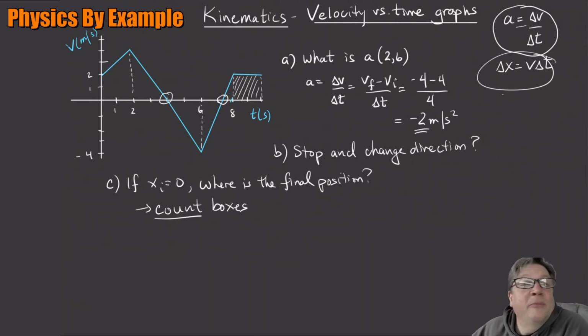What I'm really saying, and you may know this if you've had calculus, is that it's the area under the curve. It's easy to see that the area under the horizontal line is just counting boxes. But it's the same thing here.